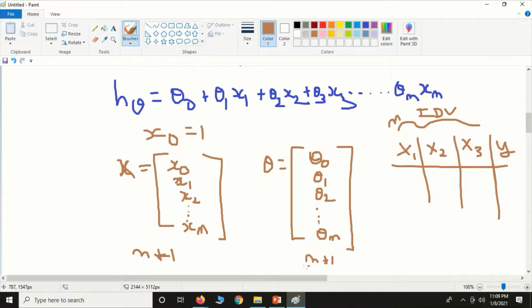N plus 1 is the number of features plus 1. That is theta 0 through theta n as the parameters of the features, and x0 is always 1. So it is always called an n plus 1 vector. This is the n value.